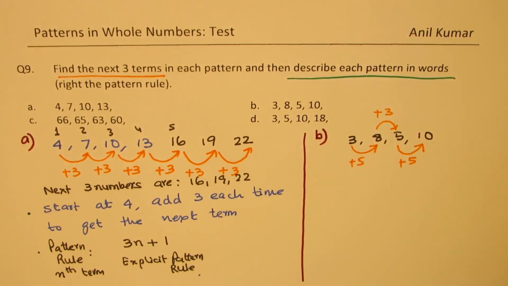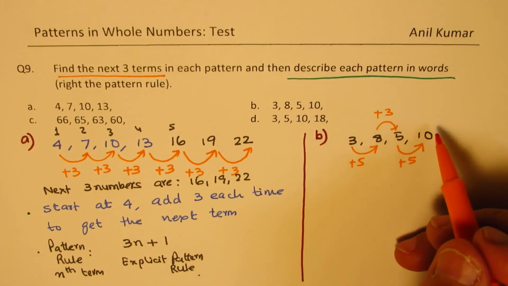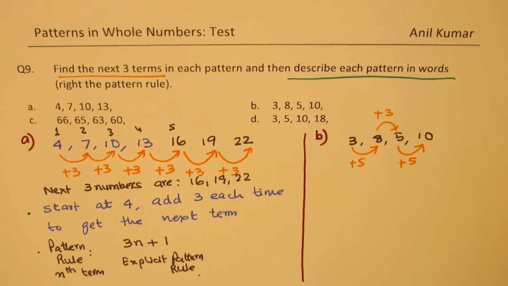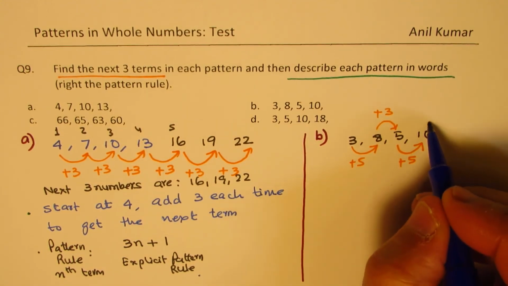So we kind of get our pattern, right? So we can say that add 3 and 5 alternately. Does it make sense to you? Well, that is one way, definitely, to describe our pattern. So it is kind of two-step process. So what we'll do here is that we'll add 3.